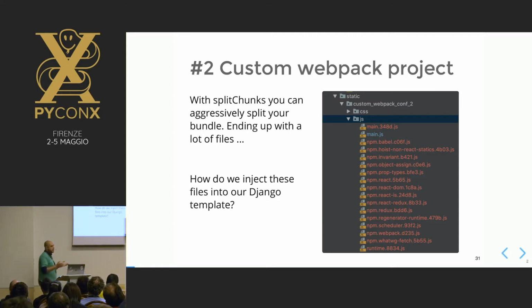So at this point, how do you wire up all these automatically generated files with a Django template? There's no way to do that out of the box.